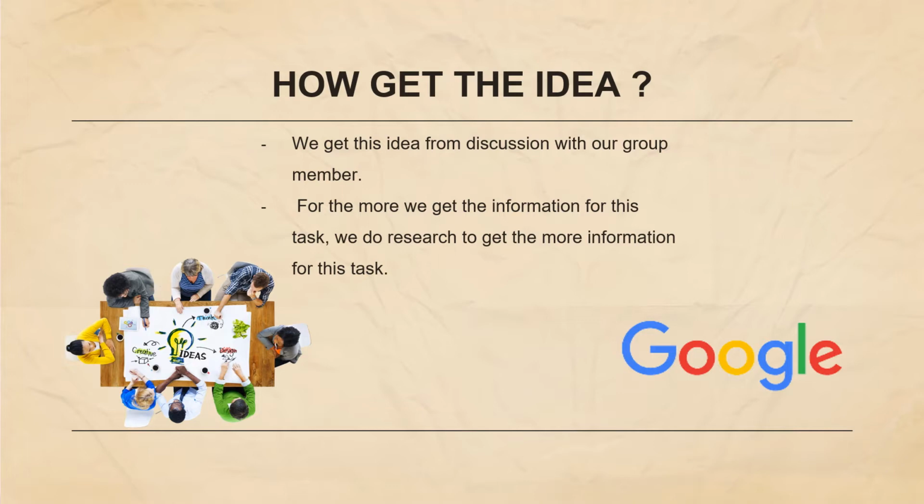Then we did some research to get more information from Google and YouTube, and from that we learned how to complete this task and gained some knowledge about the software that we have to use in our task.